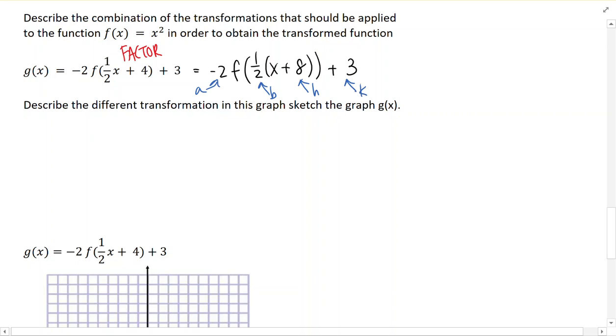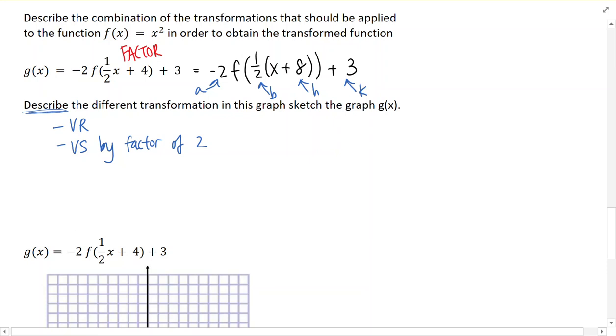Time to describe the different transformations. Describe, use your own words. So let's start with a. Well, let's start with the negative sign. We actually have a vertical reflection. And then with the 2, it's actually a vertical stretch by a factor of 2.